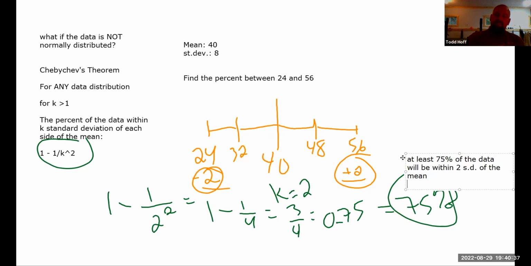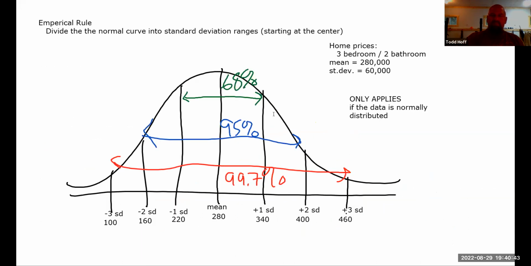The empirical rule is only for normally distributed data. Now, normally distributed data follows Chebyshev's theorem because it says at least 75%. Well, 95% is at least 75%. So it's true, at least 75% is within 2 standard deviations. It's just that the empirical rule goes further and says if it's normally distributed, we have even greater values that are closer to the center of the curve.